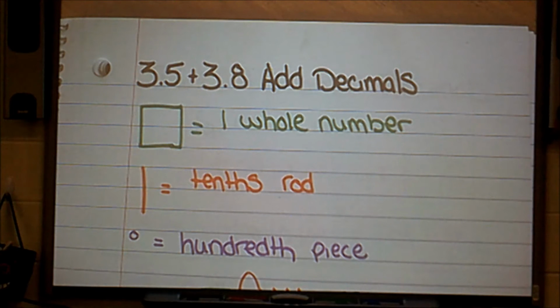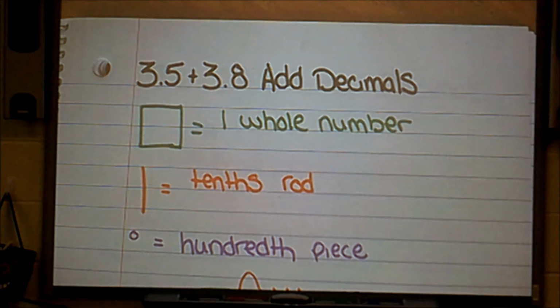So every giant square you see represents a whole number. Every dash or rod there represents a tenth. And every little circle is going to represent a hundredth piece. So those are going to help us to be able to learn to add decimals when we first start.